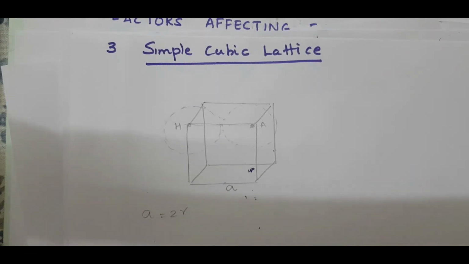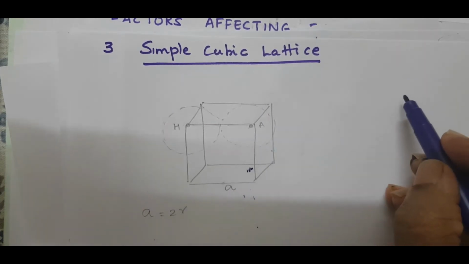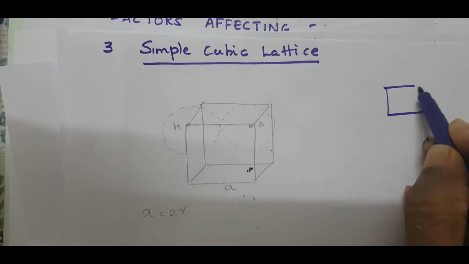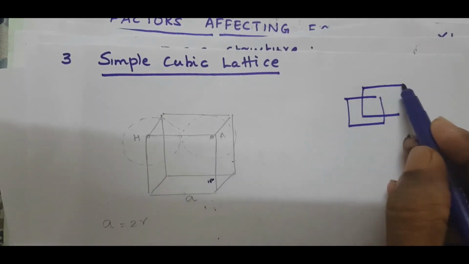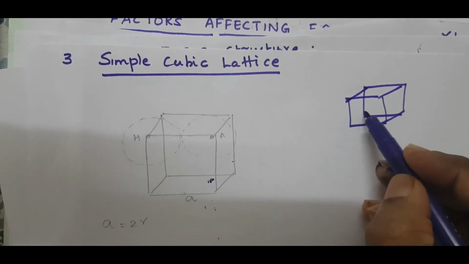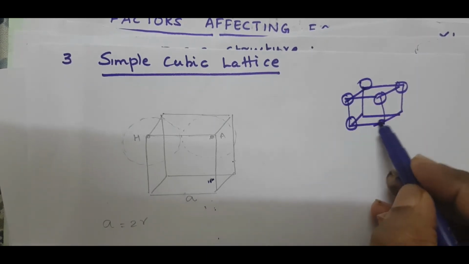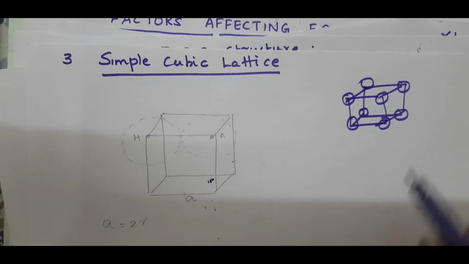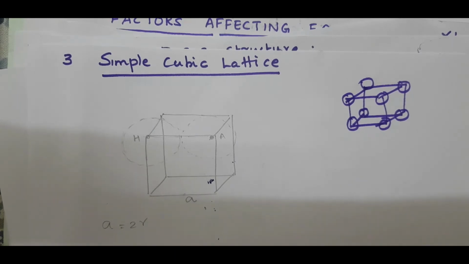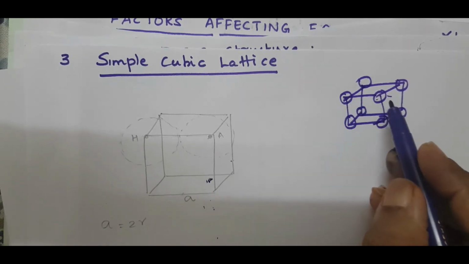This is very easy. Simple cubic lattice means, if you draw a unit cell or a sphere in a cubic lattice, that the atoms are only present at the corners of a cube, isn't it? Now, to calculate the A, we need only two spheres.